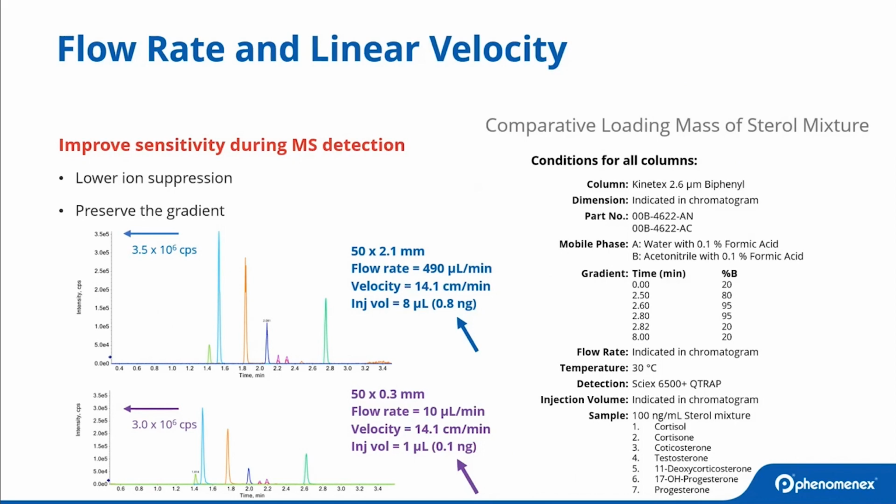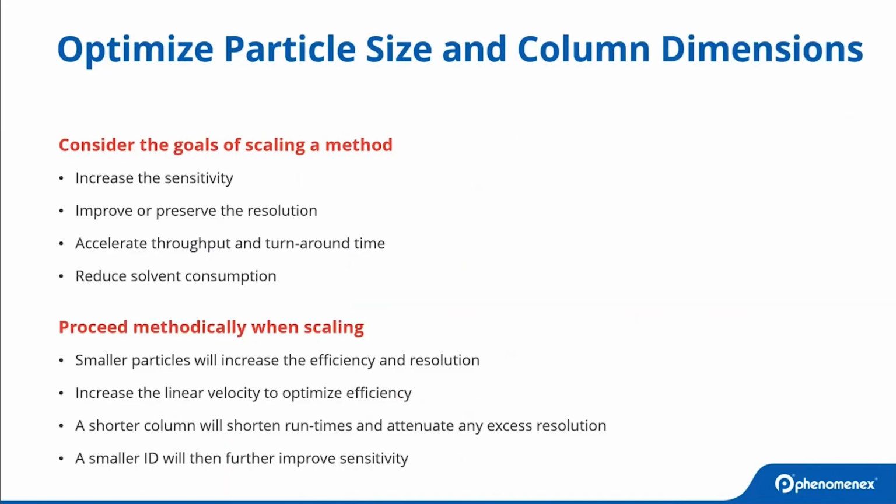So almost the same level of ion counts as we did when injecting a larger sample load onto the 50 by 2.1 millimeter ID. So we have preserved the time points of our gradients, and we have increased our sensitivity upon transitioning to that 50 by 0.3 millimeter column. And so now we can put all this together.